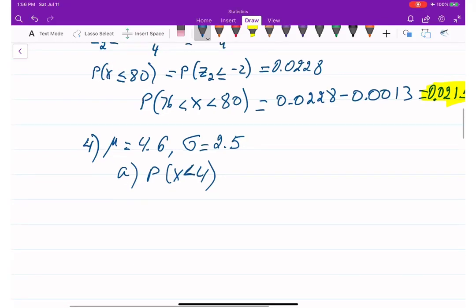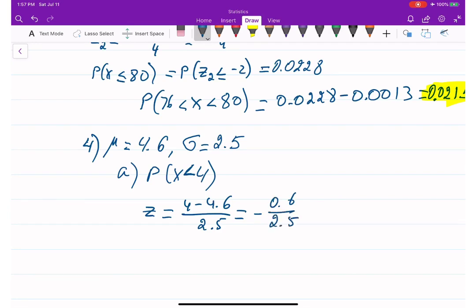So we are already familiar, right? Less than 4. So the Z-score is equal to 4 minus 4.6 divided by 2.5. We are getting negative 0.6, and we divide by 2.5.